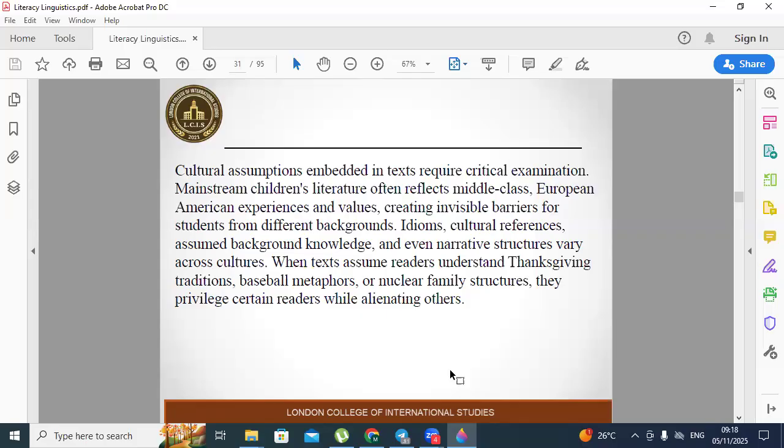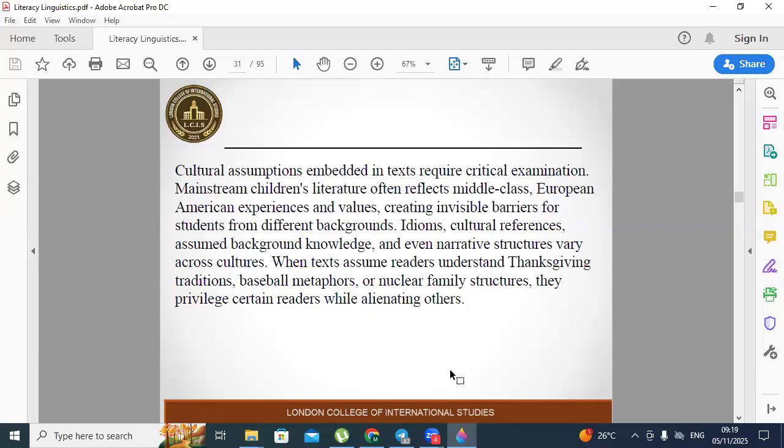We can't possibly teach every cultural reference students might encounter, but we can do several things. First, we can select diverse texts that reflect varied cultures, perspectives, and experiences, ensuring all students sometimes see their own experiences reflected and learn about others' experiences.